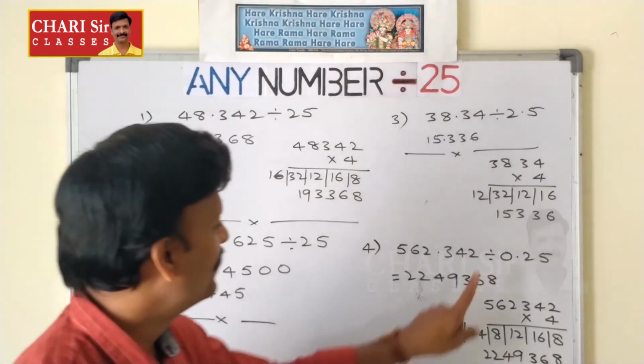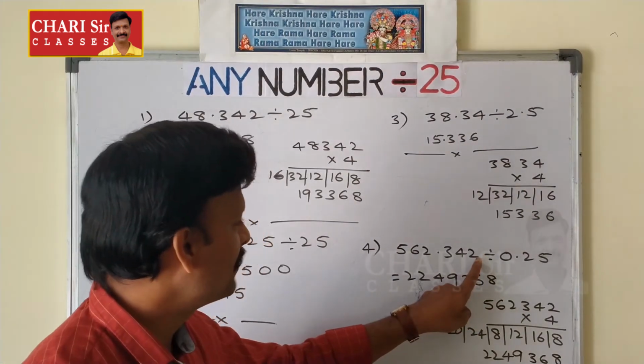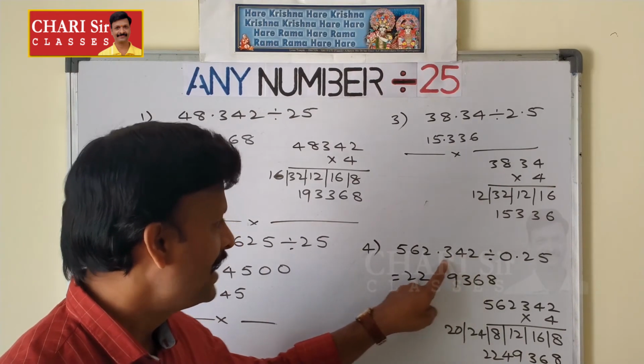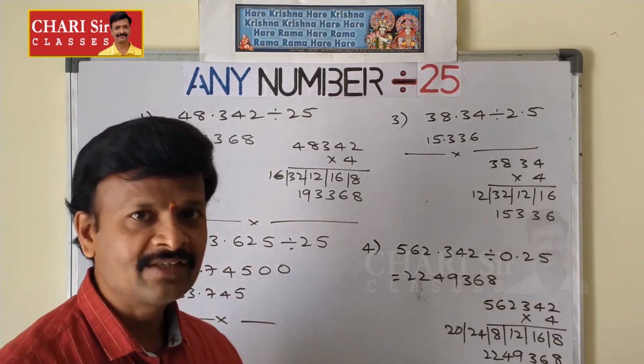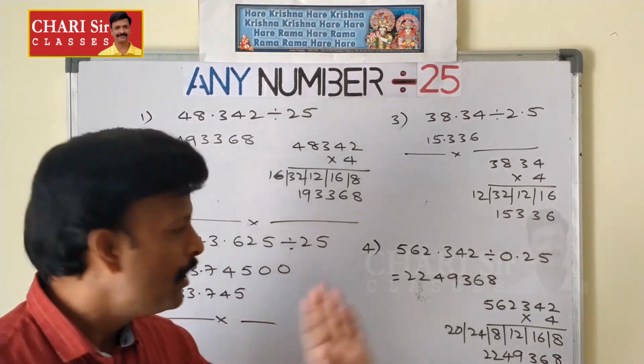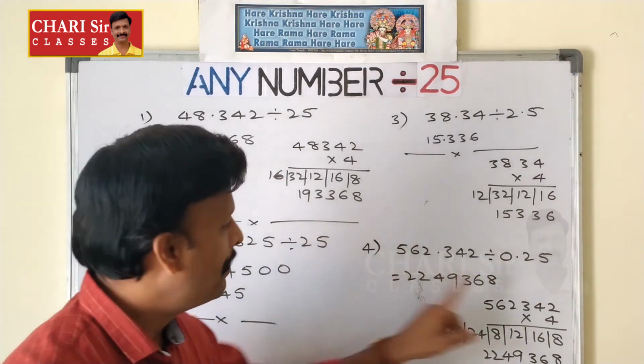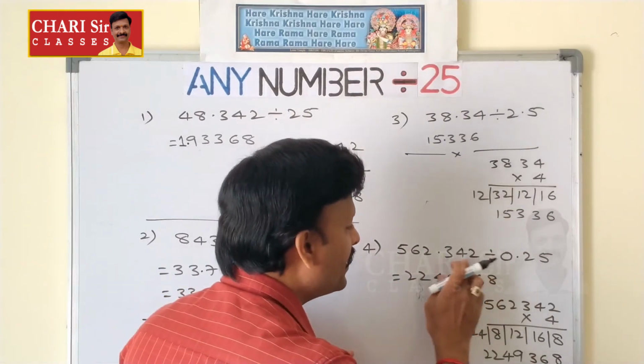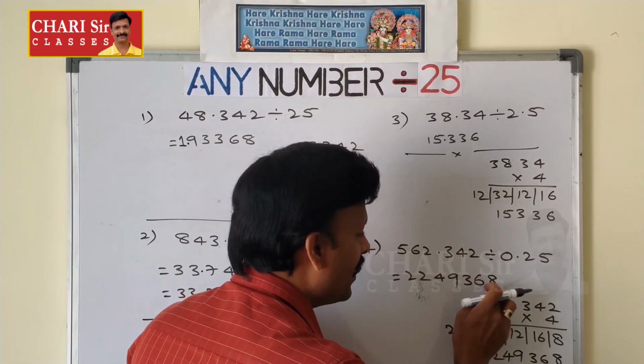Now, what to do? After how many digits there is a decimal point? After 3 digits from the right hand side. 1, 2, 3. So here after 2 digits. So actually when you are dividing with 25, 2 digits this side it will move. But here after 2 digits there is a decimal point. Just you can write after 3 digits. 1, 2, 3. So like 1, 2, 3.